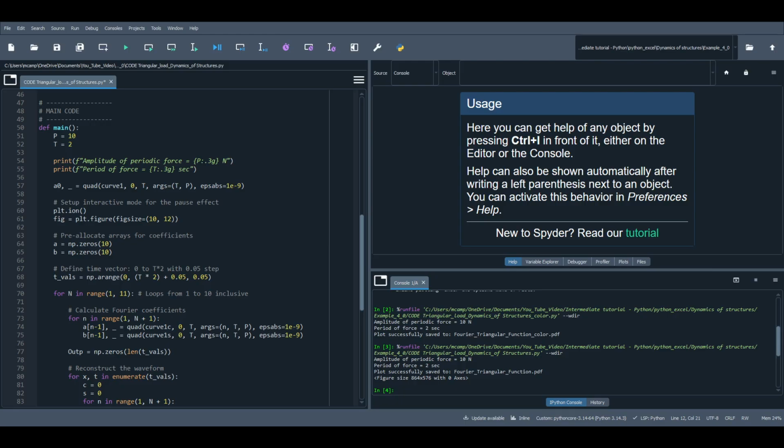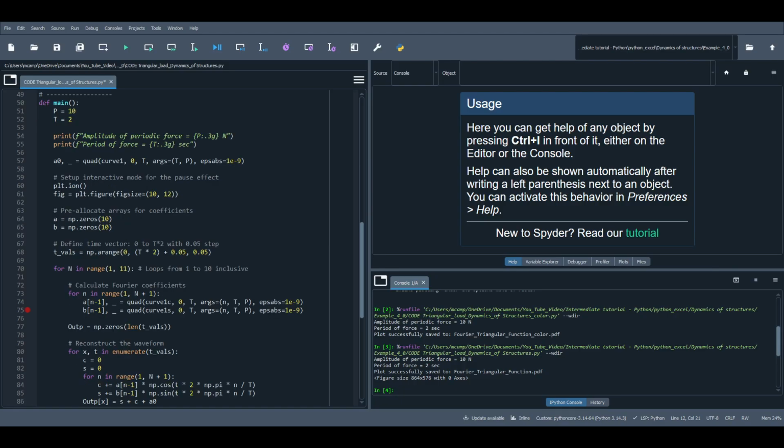Point. After there is the loops, where for n in range 1, 11 starts an outer loop where n represents the maximum harmonic of the current reconstruction. It runs from 1 to 10. For n in range, in line 73, an inner loop to calculate the specific Fourier coefficient up to the current n.